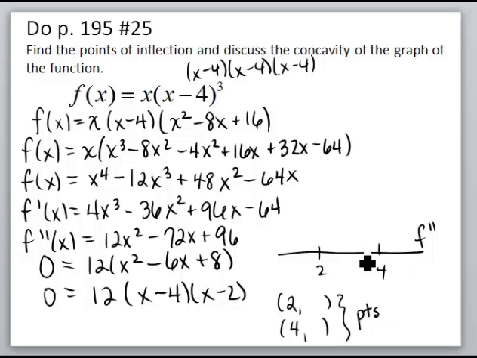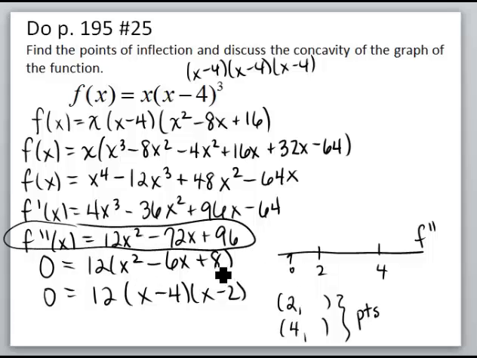I'm going to test the second derivative, so I'm going to plug 0 in for my second derivative right here, or right here, doesn't matter which one. When you plug in 0, you get 0 minus 0 plus 8, so you get a positive value. When you plug in 1, we have 1 minus 6, that would be a negative 5 plus 8, would give me a negative value.